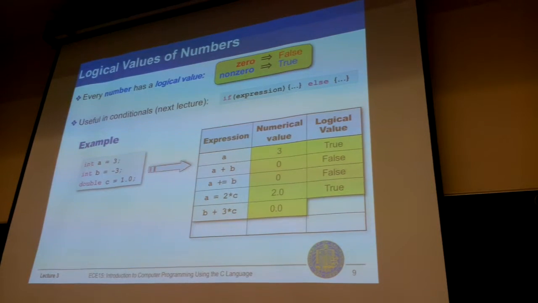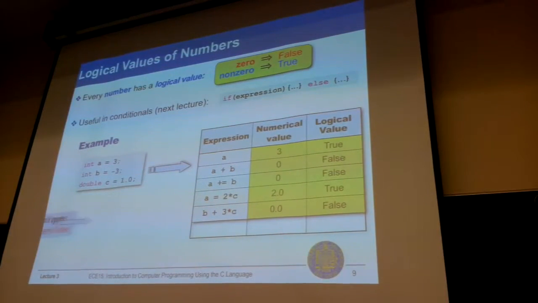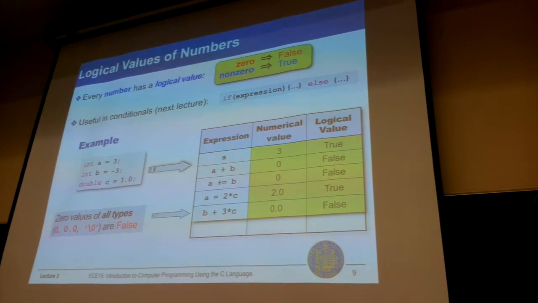B plus 3 times C is 0, so it'll get interpreted as false. Right? So even though this is 0.0, it's actually 0, so interpreted as false. So it doesn't matter what data type you have, they'll all evaluate to false.